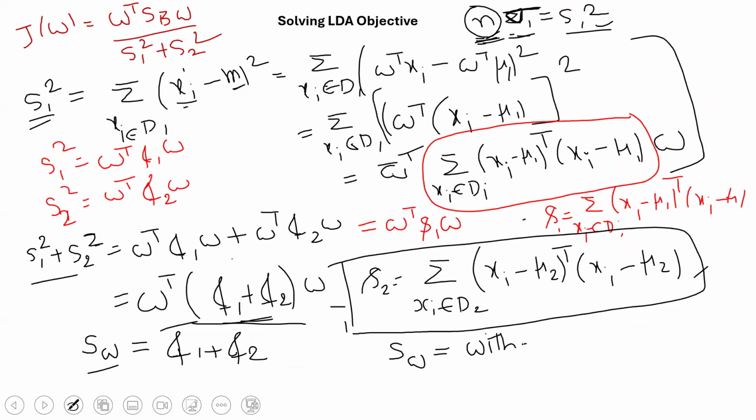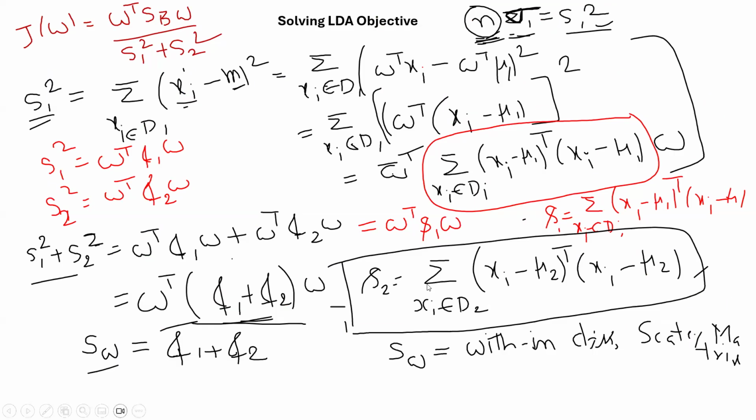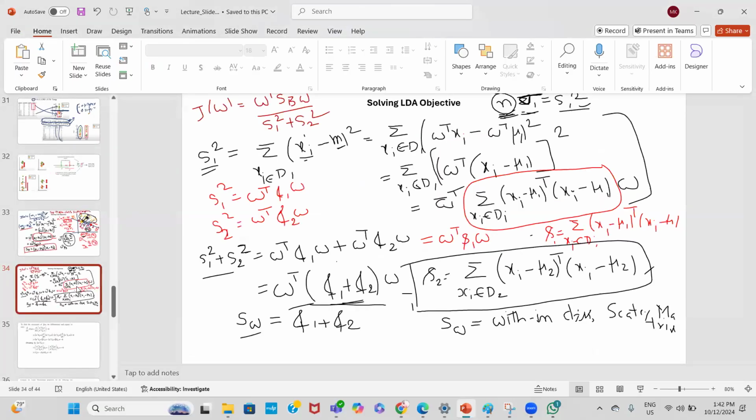Within class scatter matrix. Understood? Now I can write the whole equation this way.